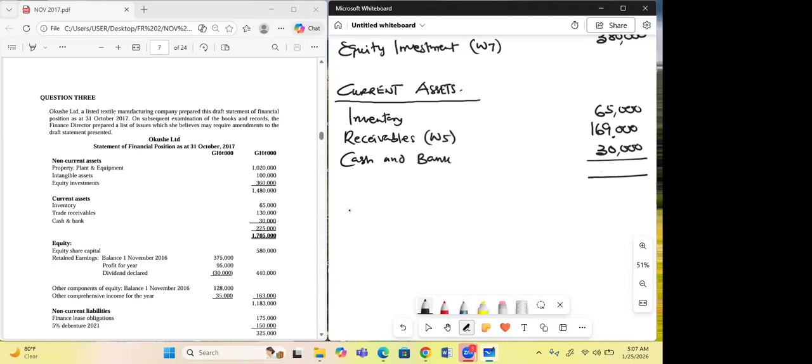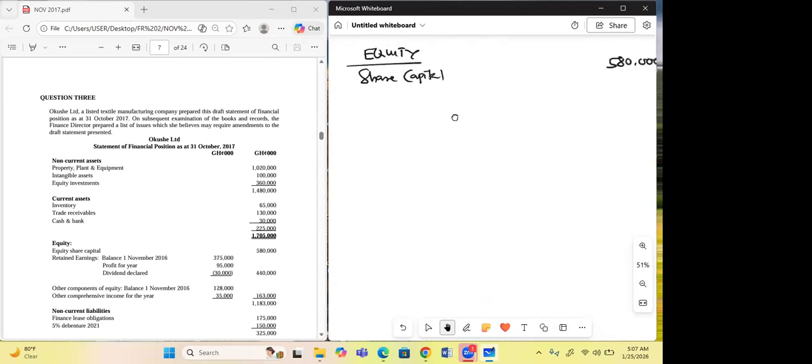Let's go to equity. What is the share capital? 580,000. Share capital is 580,000. Now the retained earnings and then other components will change because the profit and OCI have changed, right? Yes, sir.